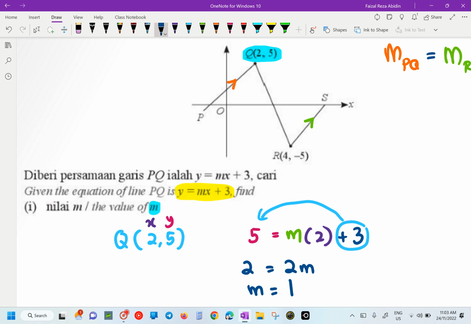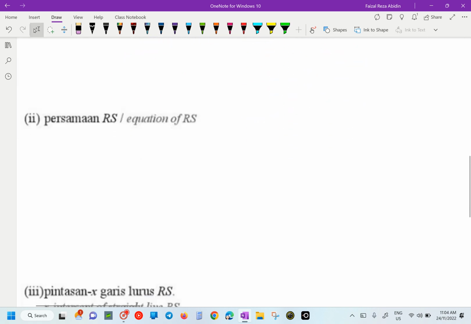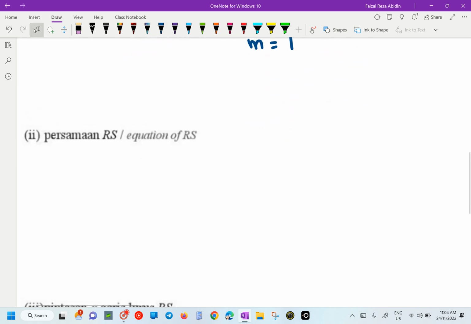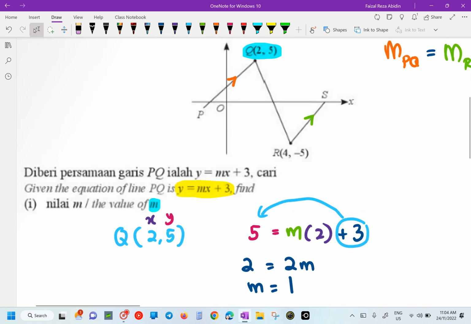What will we do next after we have the value of m? We're going to find the equation of RS. If you look over there, what point is given? Our R here, (4, -5). Do we have the gradient for PQ just now?